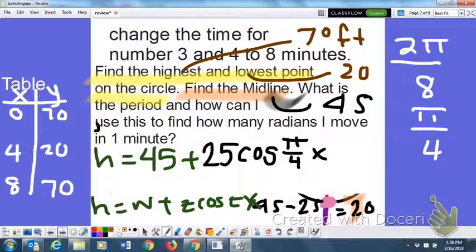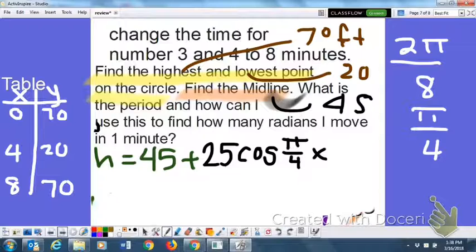All right. Figure out how many minutes it's going to take me to go from the top to the middle. So I'm going to redraw my circle. We start here. How many minutes does it take me to get to that side? So we already know to get from top to bottom, it took me 4 minutes because that was half a circle.